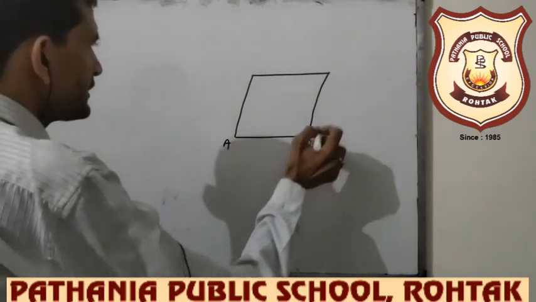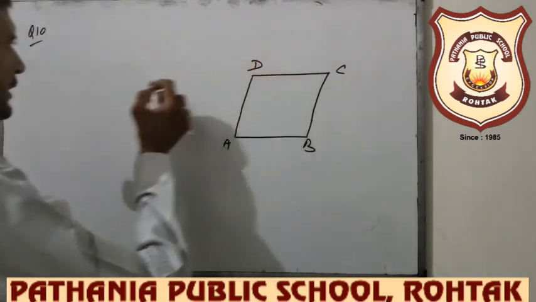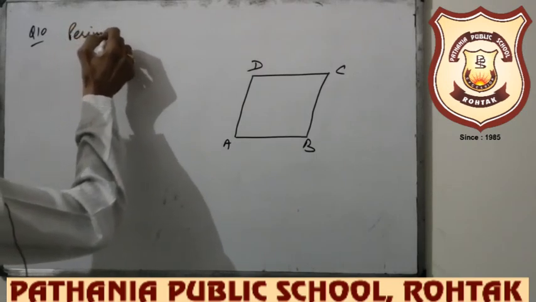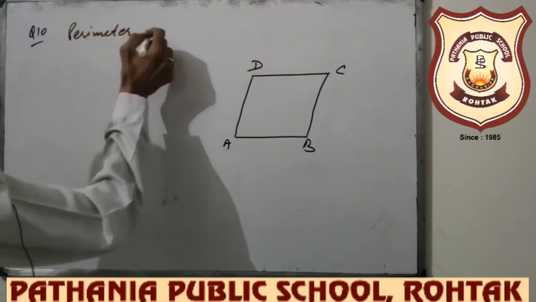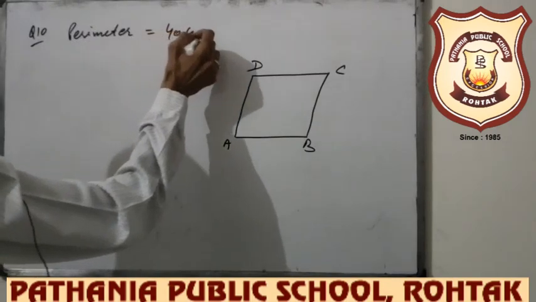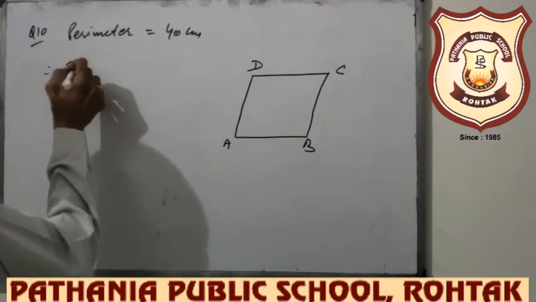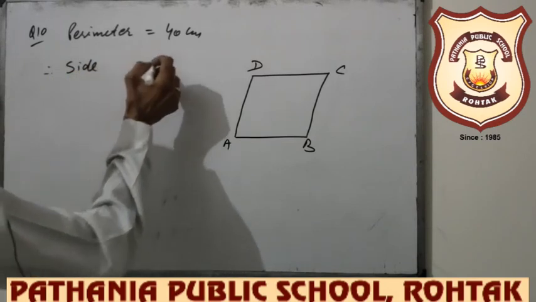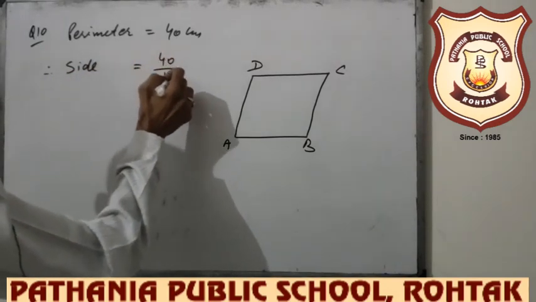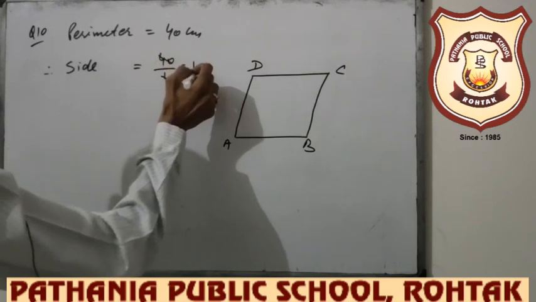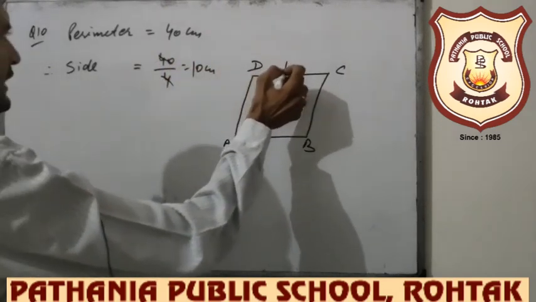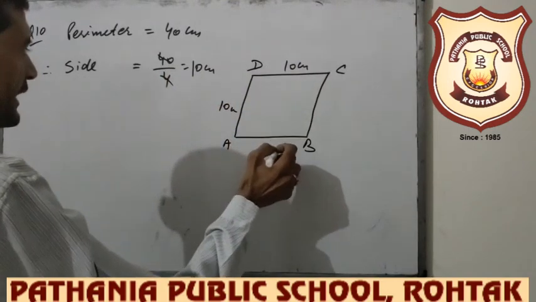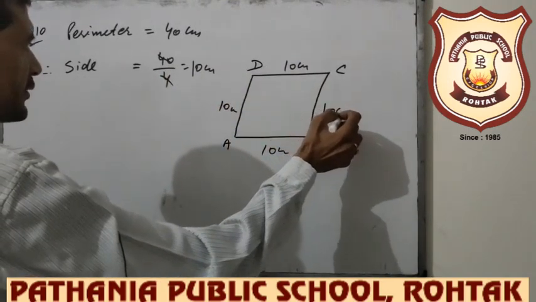ABCD is the rhombus. Perimeter of rhombus is equal to 40 centimeter. So therefore side of rhombus, because all sides are equal, is 40 by 4, 10 centimeter. All its sides are 10.